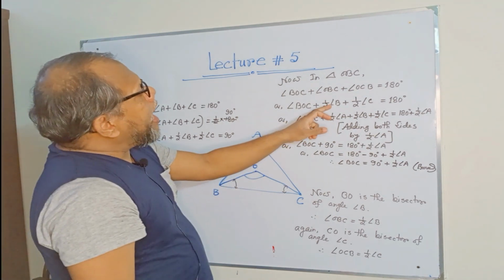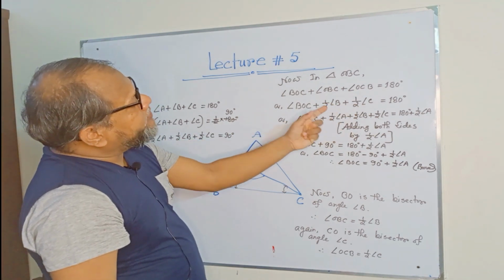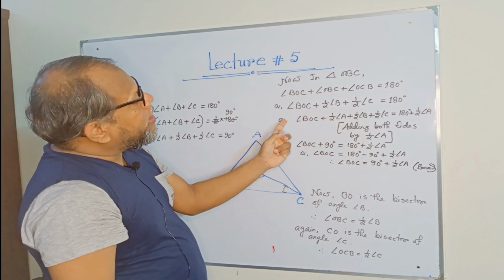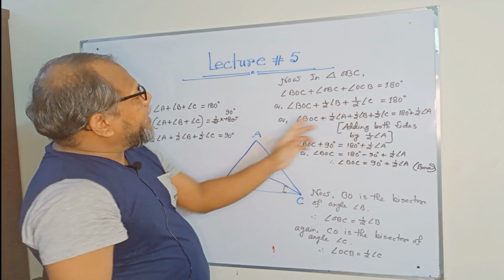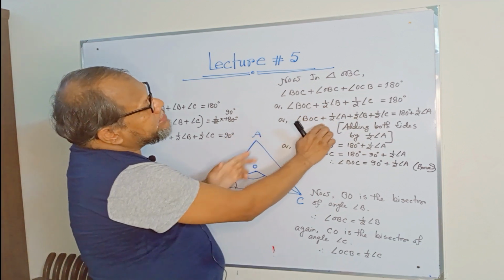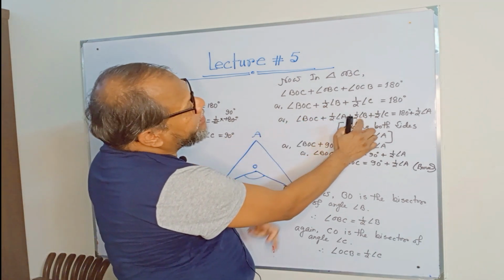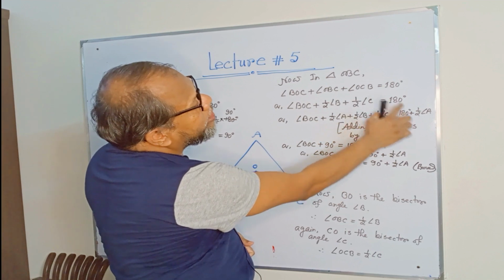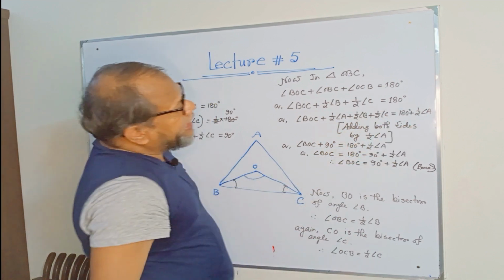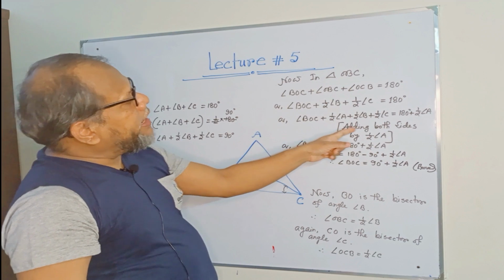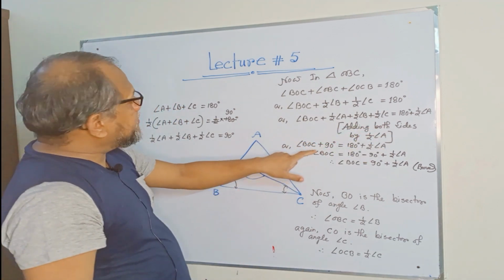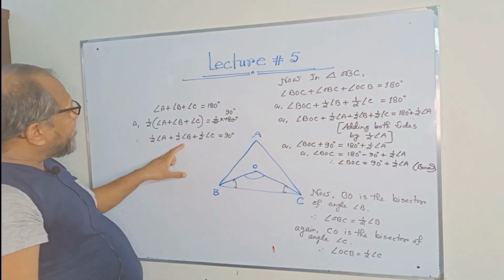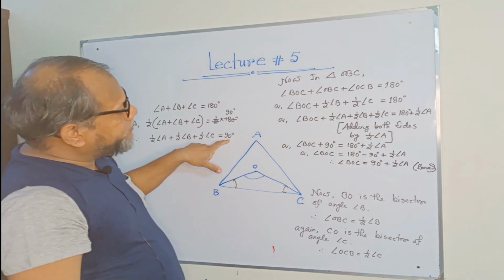Here half B, half C, but absent is half of A. So I add half of A to both sides. Here BOC plus half of A plus half of B plus half of C is equal to 180 degree plus half of A. I mentioned here adding both sides by half of A. Here half A plus half B plus half C is equal to 90 degree.